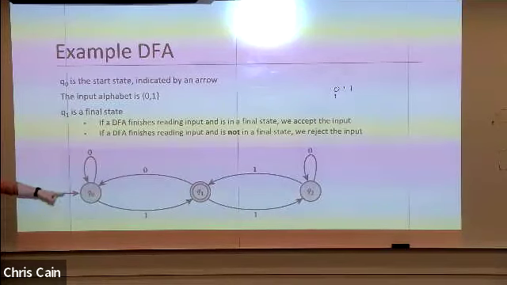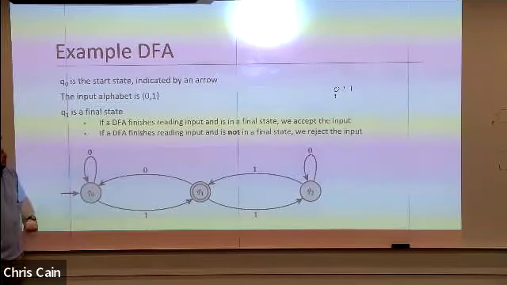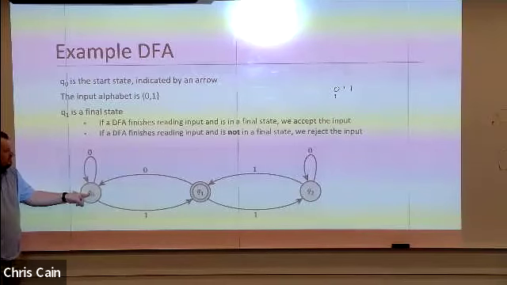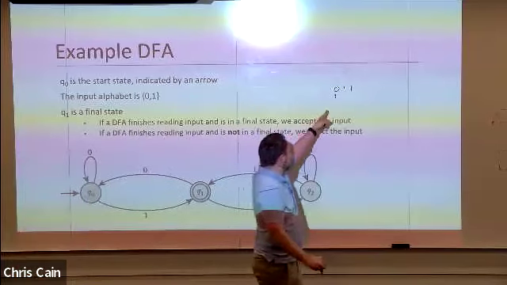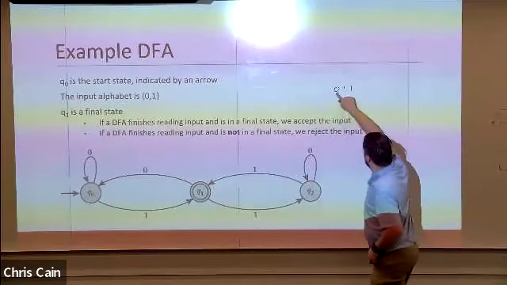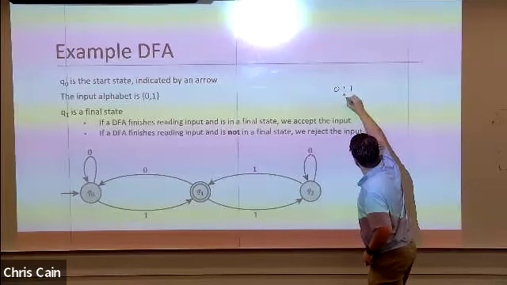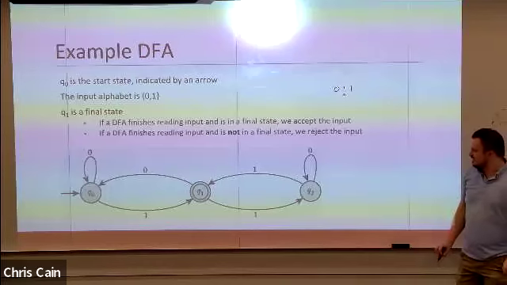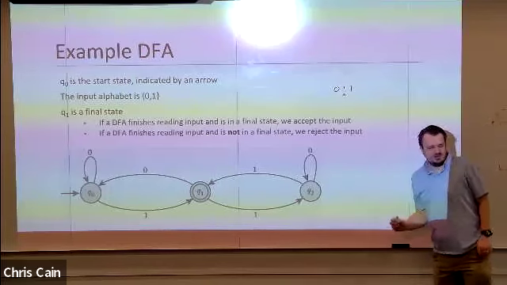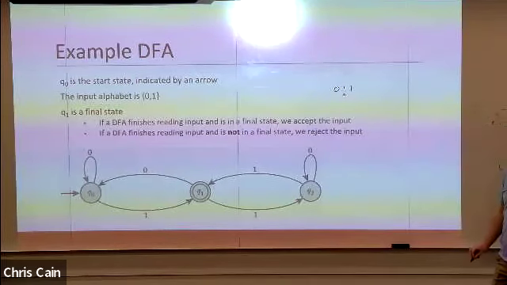In this case, the transition from Q0 to itself is what consumes that 0. So we're going to transition from Q0 to Q0 as we consume this 0 in the input string, which will move us to here. So we move forward one position in the input string, and we transition from Q0 to Q0 as we consume that 0.